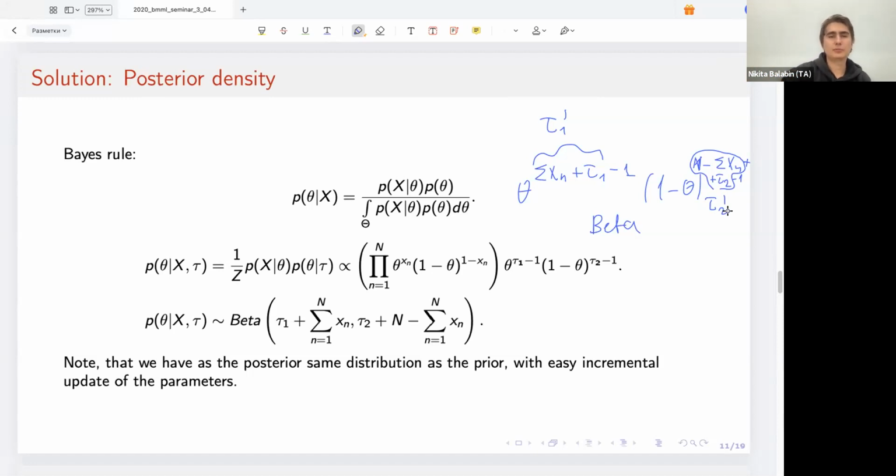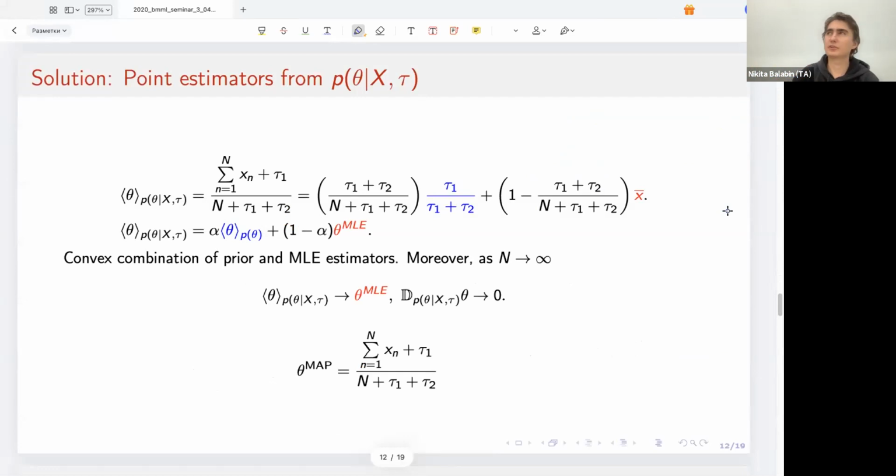Okay, so what about the predictive distribution? And there is an interesting property when we compute the posterior estimation. Since it is a beta distribution, we can just calculate it as the expected value of this distribution. So we just use the parameters and obtain the following form. And it is interesting that we can decompose this expected value in this form.